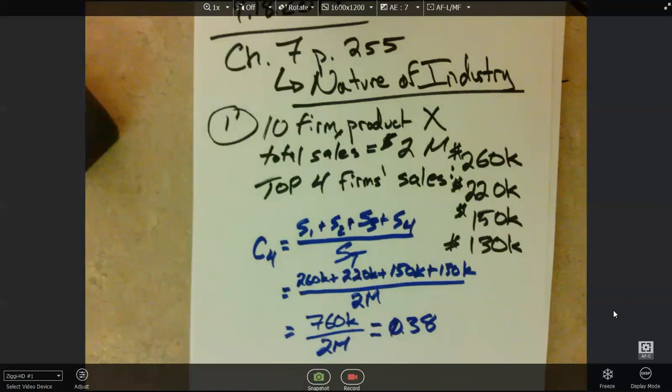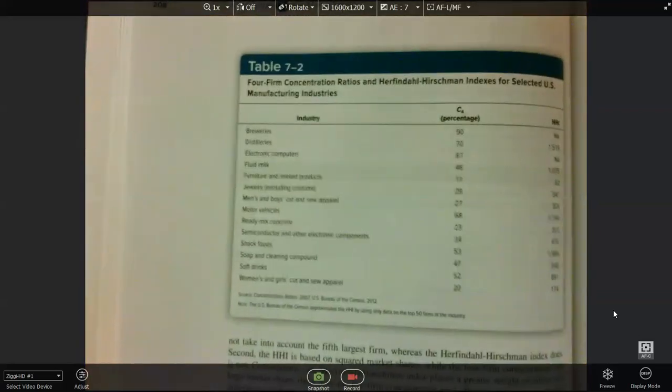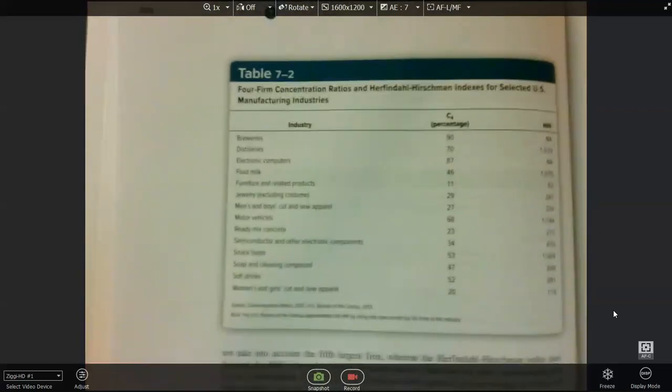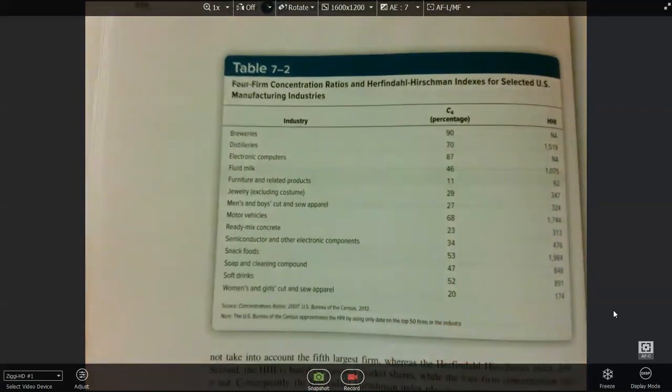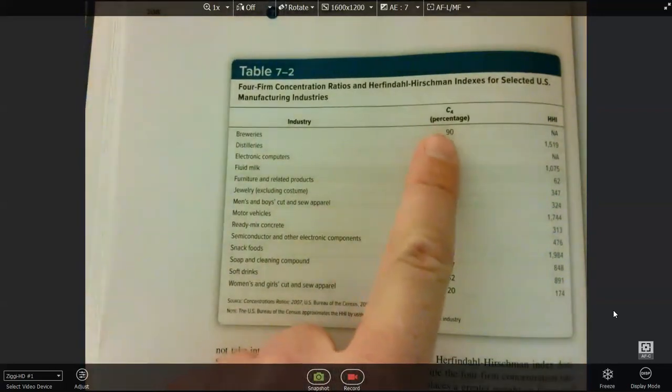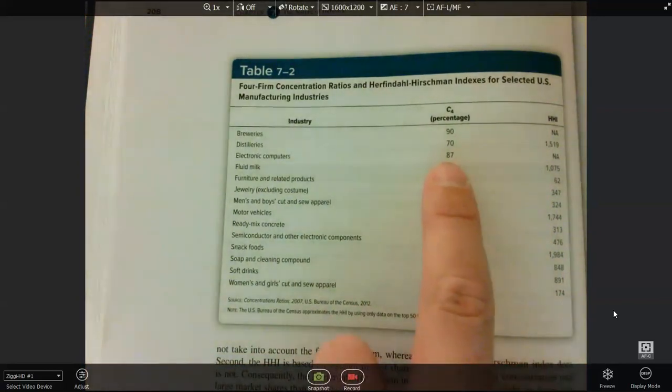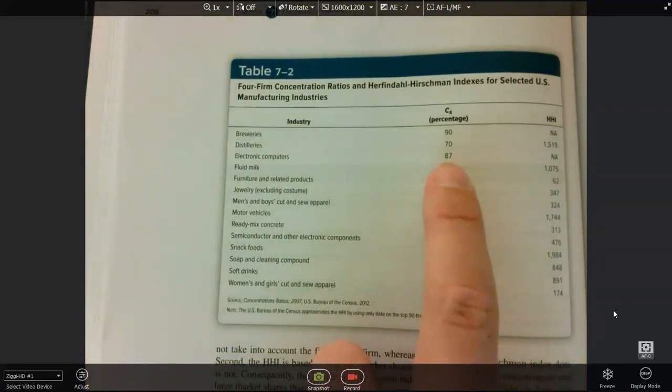On page 208 in your text, table 7-2, we can see that some industries are highly concentrated, right? 90% concentration of breweries, 87% concentration of computers with the top 4, which makes sense.